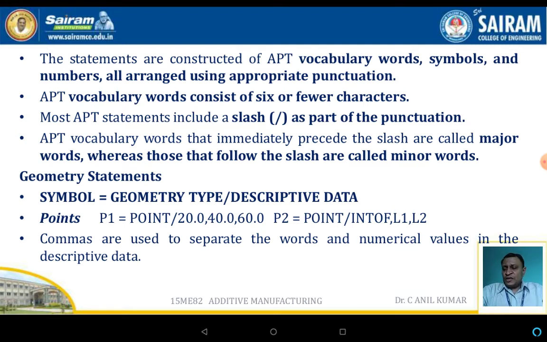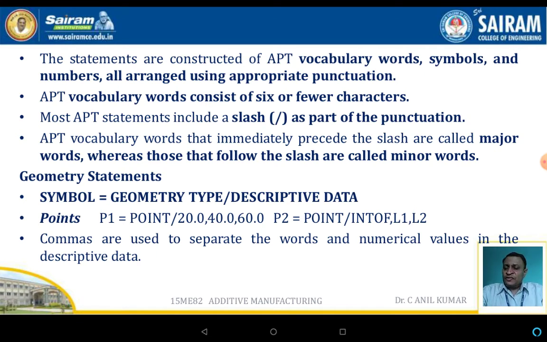Now in the geometric statement, the first we are discussing is the point. Point P1 equals POINT slash 20, 40, 60. P2 equals POINT slash INTOF L1, L2. The commas are used to separate the words and numerical values in the descriptive data.